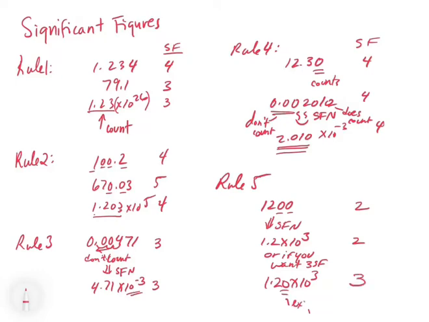This is an explicit added 0. So when it's written as 1200, and there's no decimal point, nothing to indicate whether they're significant or not, then we're just going to assume that they're not. So that's what we do here.